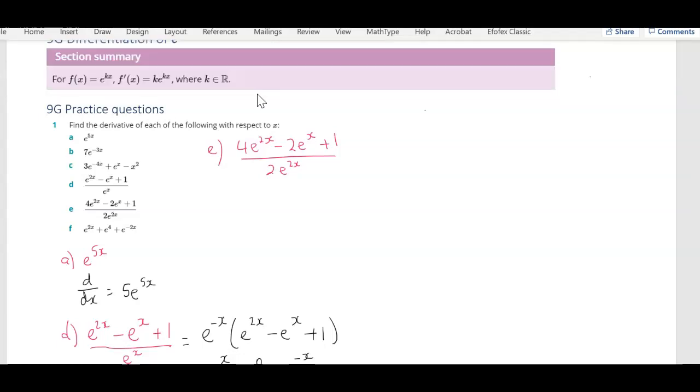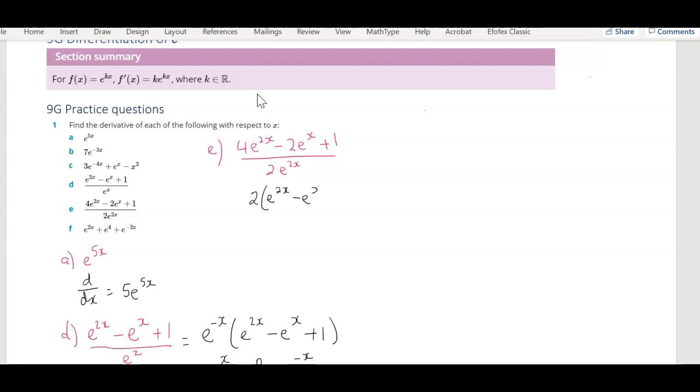All right, so again, if we want to bring that 2 up the top, that 2 does make it difficult. We can bring it up with a negative power, but there are many ways you can tackle it. I'm going to take out 2 as a common factor, first of all, on the top.